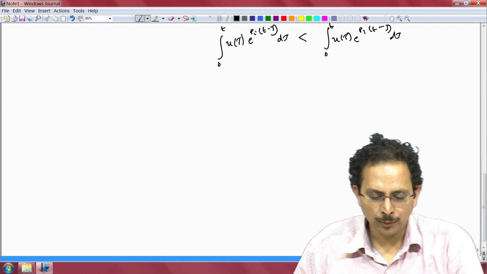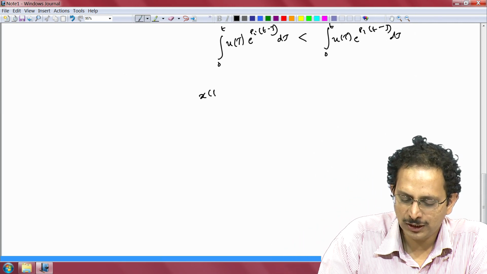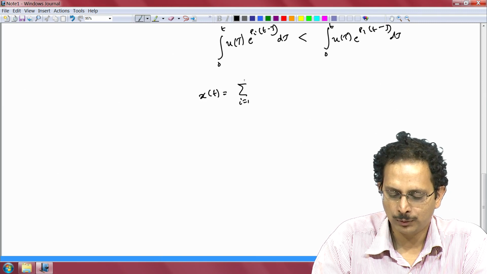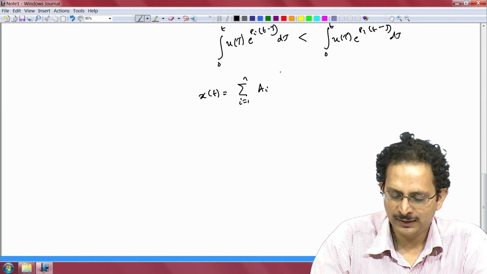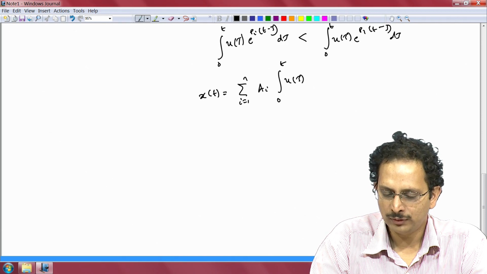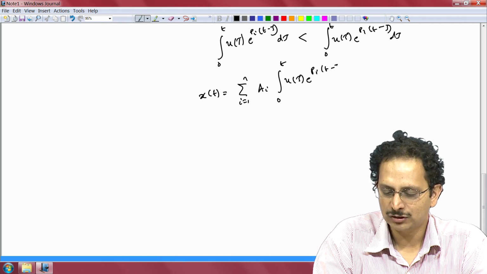And what is our response equal to? Our response is x of t equal to the sum over i going from 1 to n of a_i times integral 0 to t u of tau e to the power p_i (t minus tau) d tau.